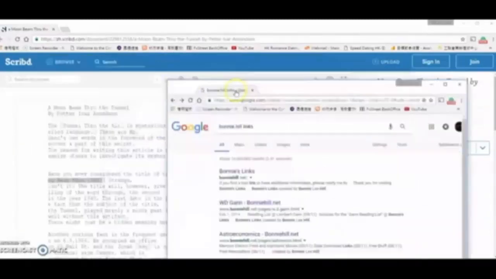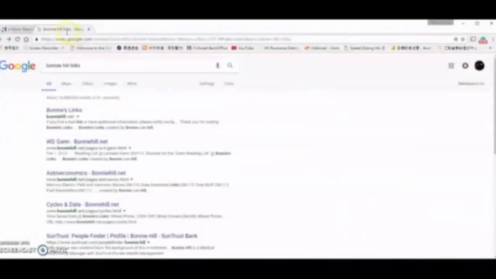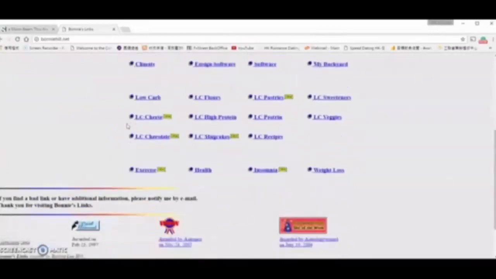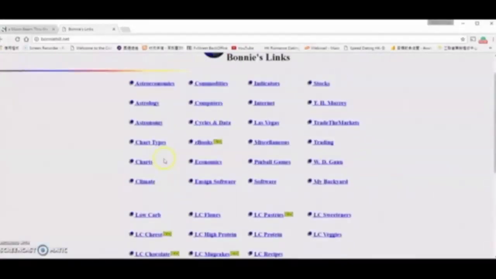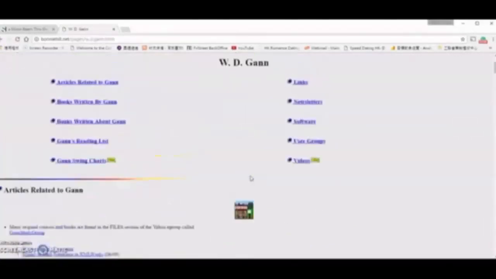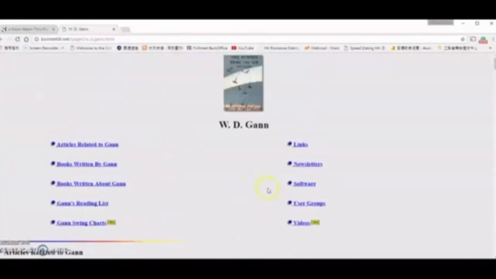It has all the different good resources. There's a site where it has all the articles on WD Gann, and what I like most is the one which has the NATO dates. I reference it quite a lot too. NATO dates.